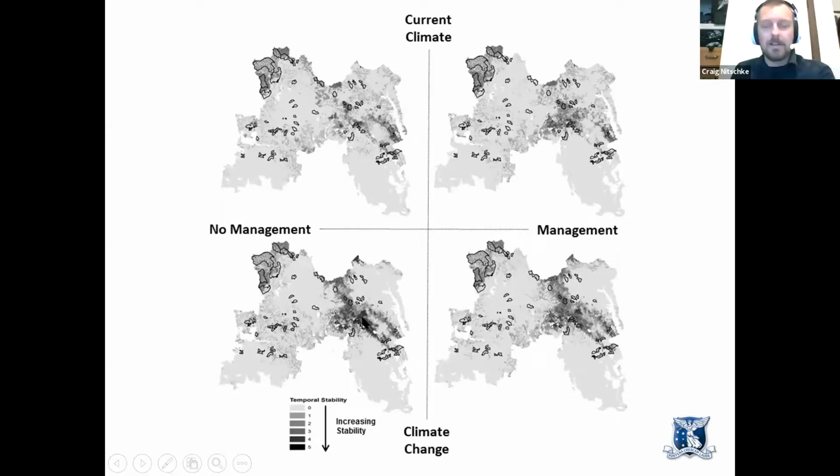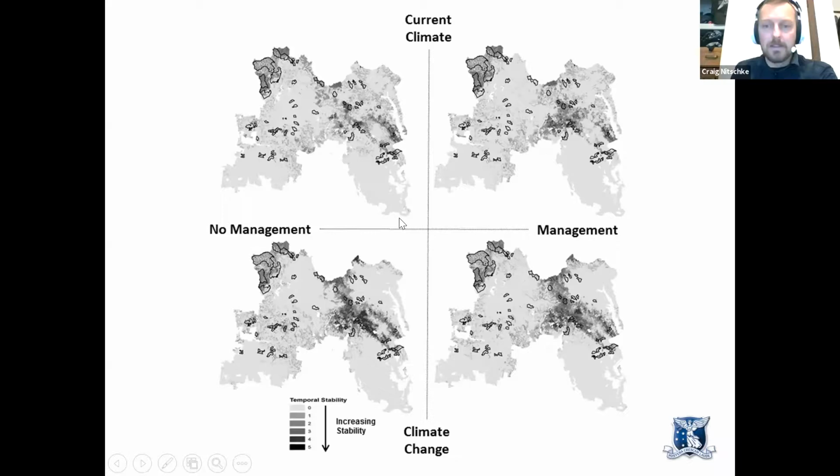At a landscape level, these darker areas provide greater stability under a dynamic world. So in the face of future fires, future climate, the impacts of human management on these landscapes through timber harvesting or planned burning, whatever it may be, these darker areas provide that greater stability.